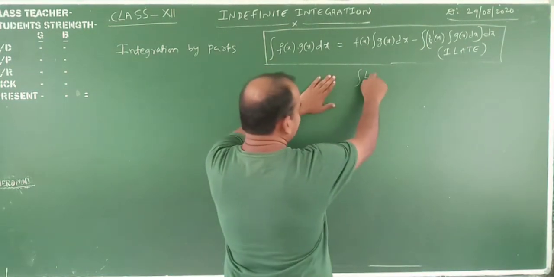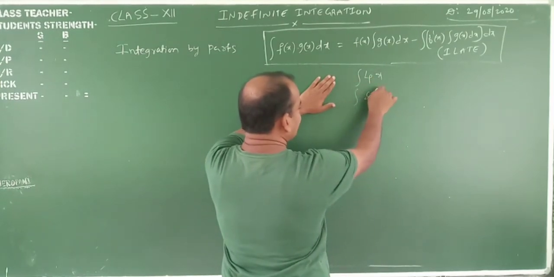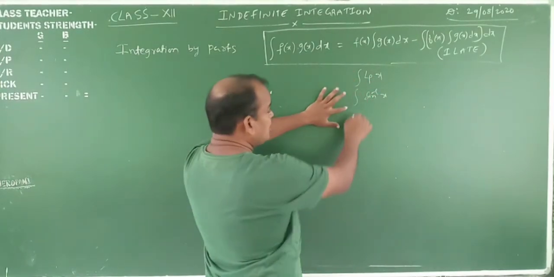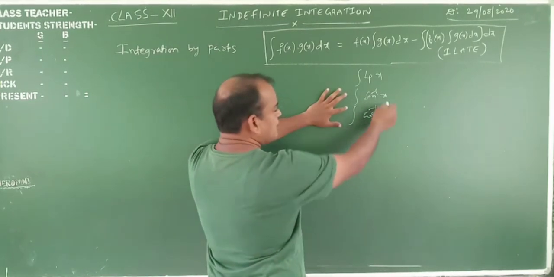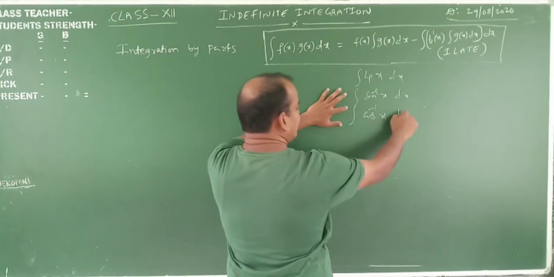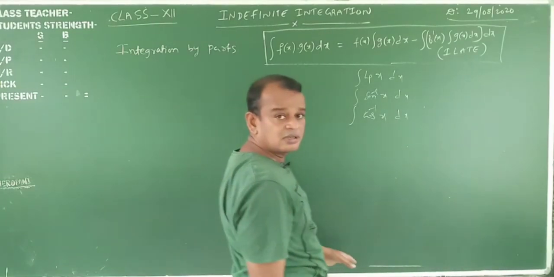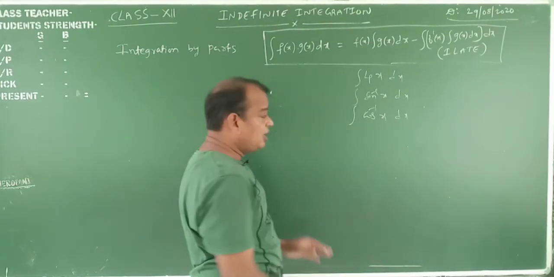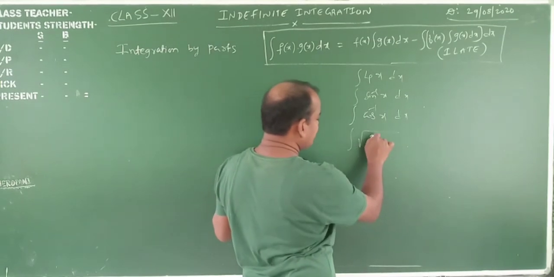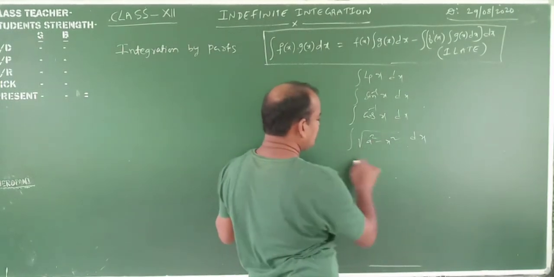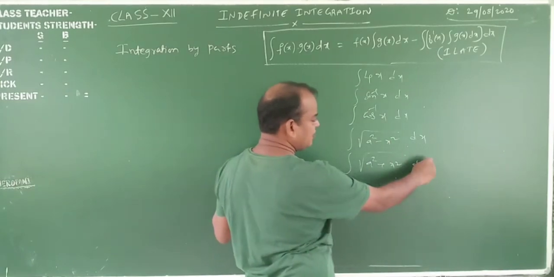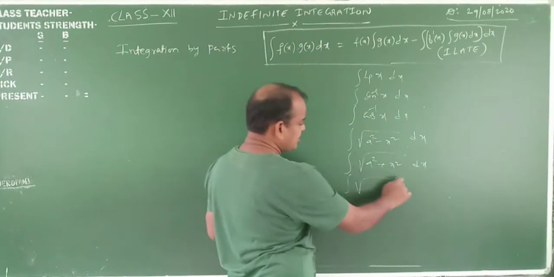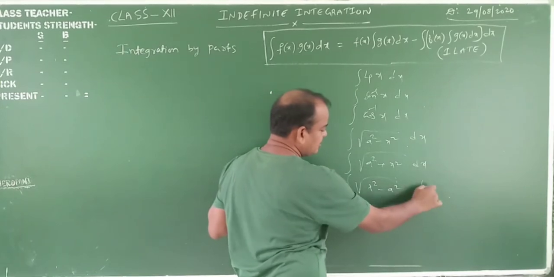For suppose, integral of log x, integral of sin inverse of x, only one function, integral of cos inverse of x, integral of tan inverse of x, integral of cot inverse of x, integral of root over a square minus x square dx, integral of a square plus x square dx, not 1 by, yesterday we learned only 1 by, and this is x square minus a square dx.